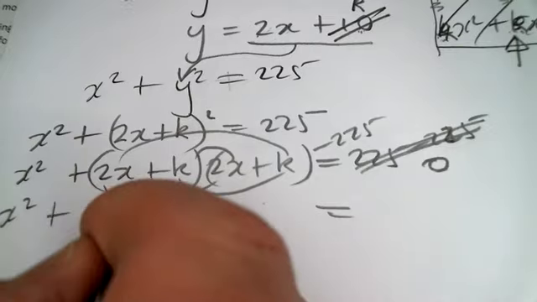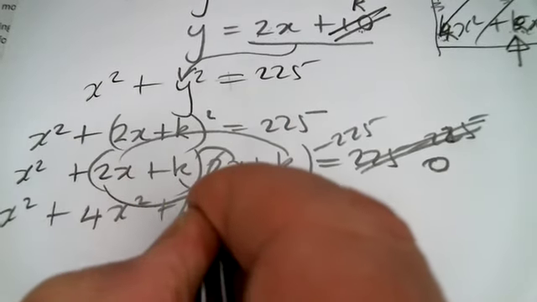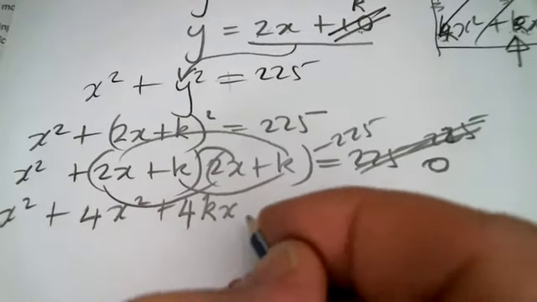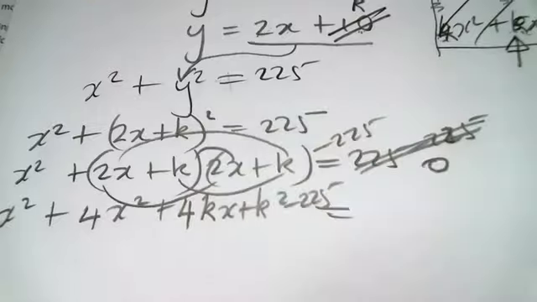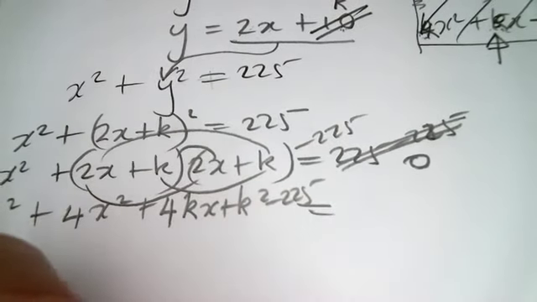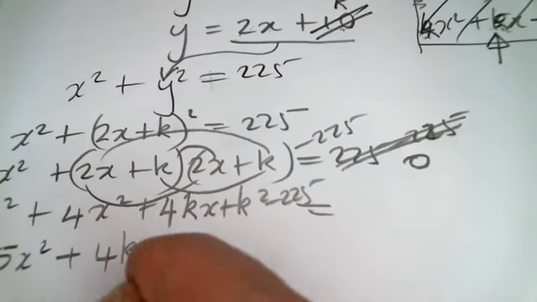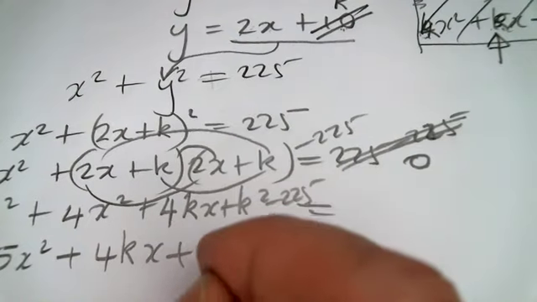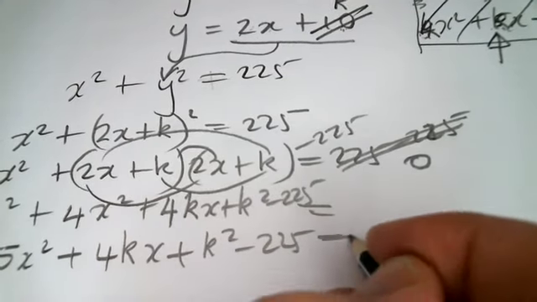I'm just going to write all that out, which would be 4x squared plus 4kx plus x squared minus 225. All right, and this all comes to 5x squared plus 4kx plus, and we've got this bit on the end here, which is rather annoying, k squared minus 225 is 0.